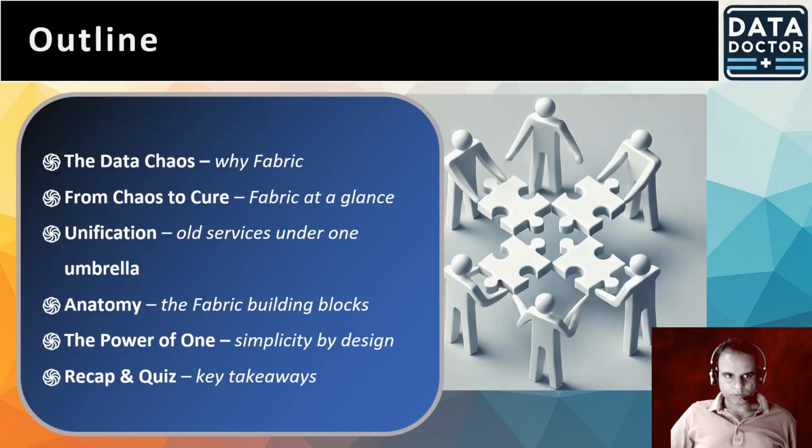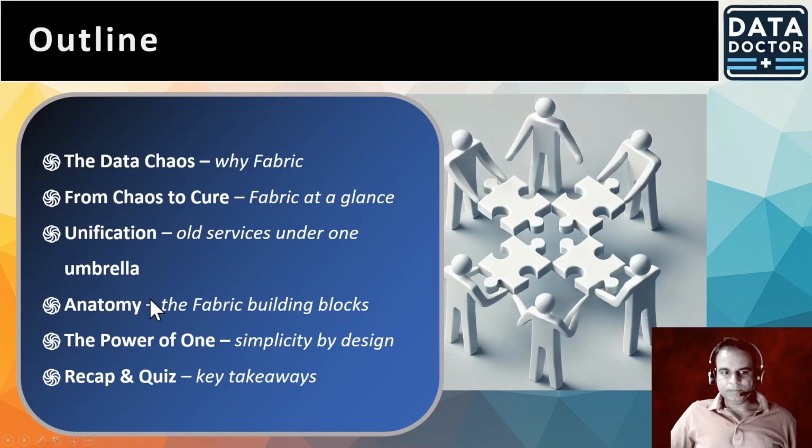This is going to be the outline of this talk. The first thing is the problem of the data chaos. We will have a look at that and we'll see why Fabric exists. Then we'll see how it helps to go from this chaos and how it provides a cure to this problem. We will also have a look at how different and old services of Azure data are actually unified under the umbrella of Microsoft Fabric.